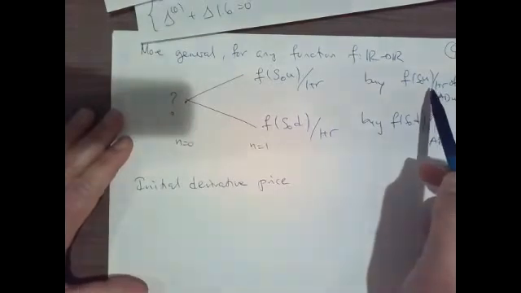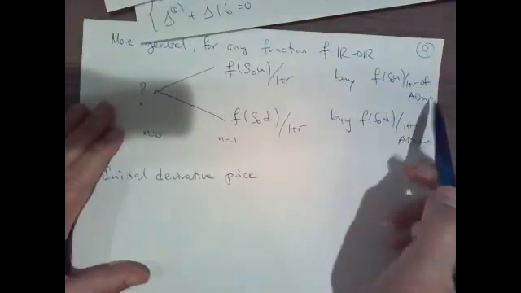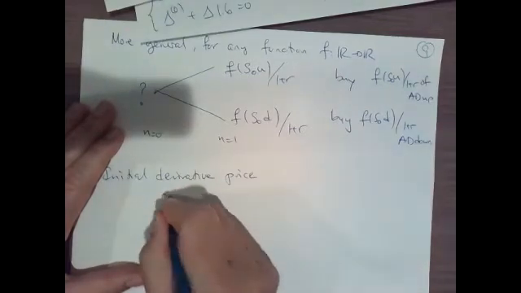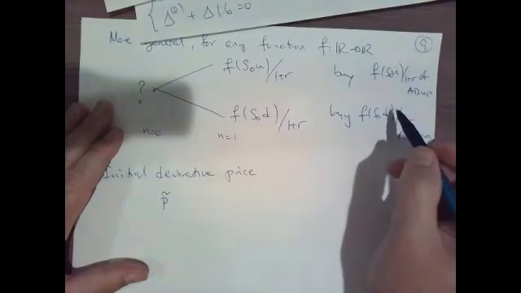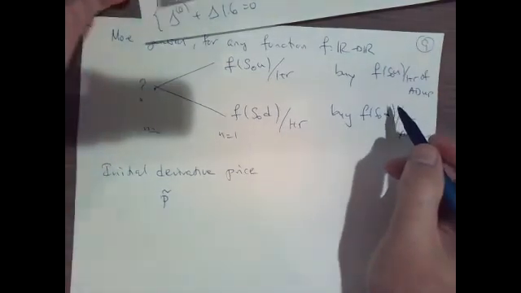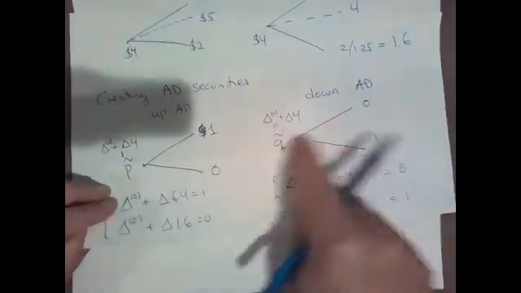Well, how much does the up security cost? That will be P tilde, because that's what one of them costs. Up has price P tilde, down has price Q tilde.